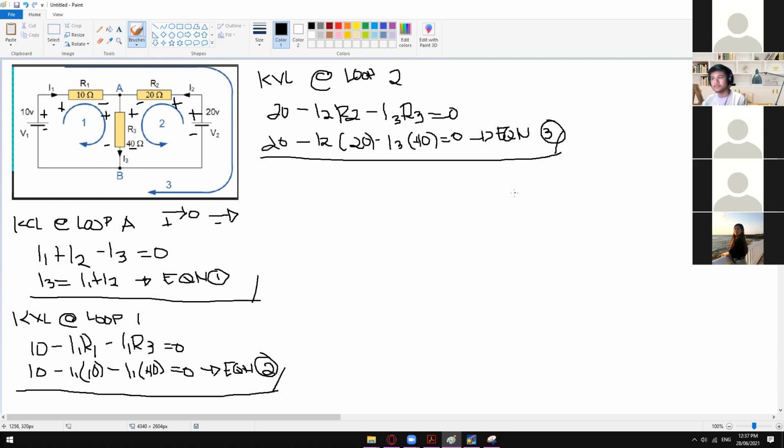Okay, so were you guys able to follow with this equation number 3? Hello, hello. So how many of you now were able to get this one?